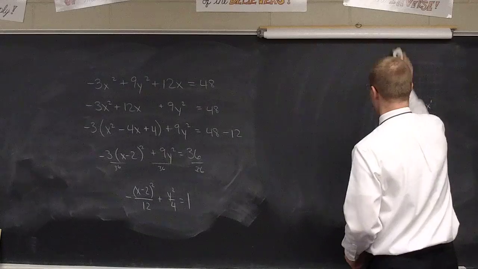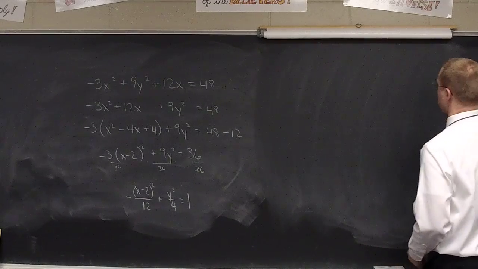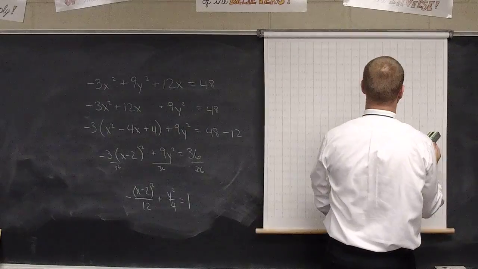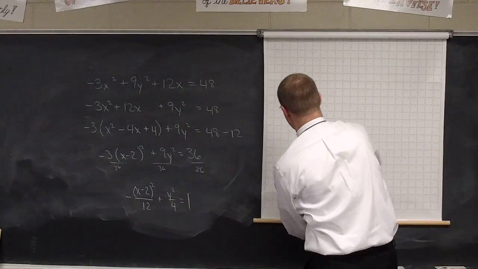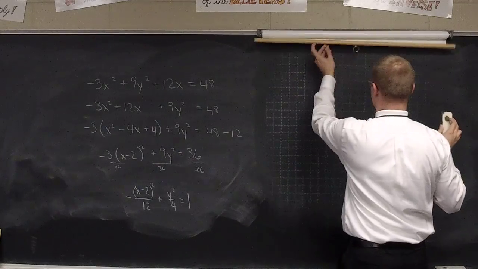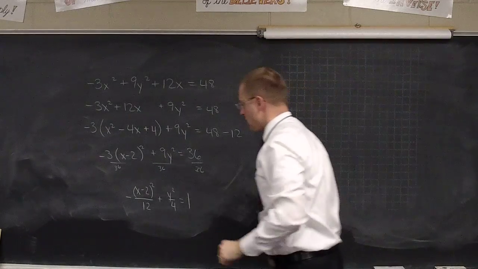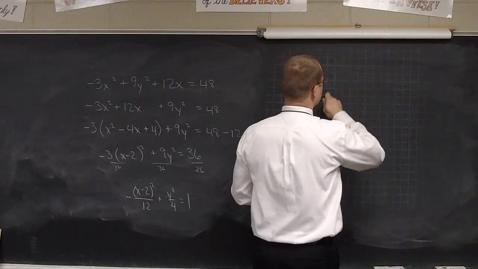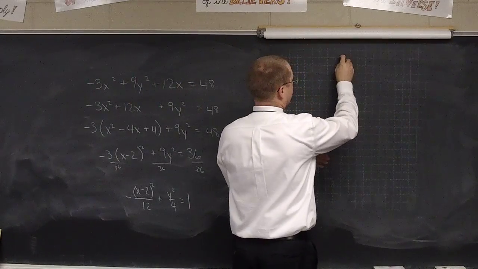For sake of time, I won't write the analysis like we did on the last one. We'll talk through it. Hopefully you did have the analysis. All right, Jamie, the origin of the hyperbola. 2, 0. So I'm going to shift it forward just a little.